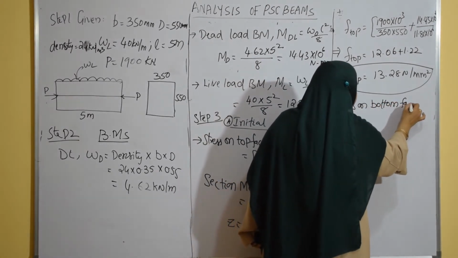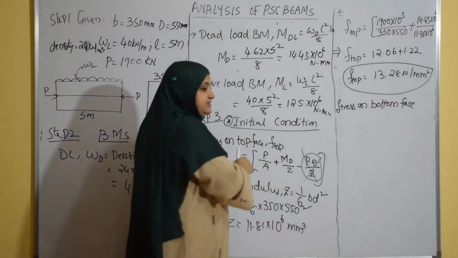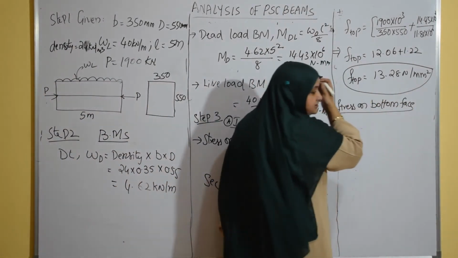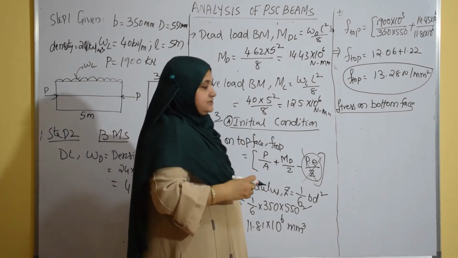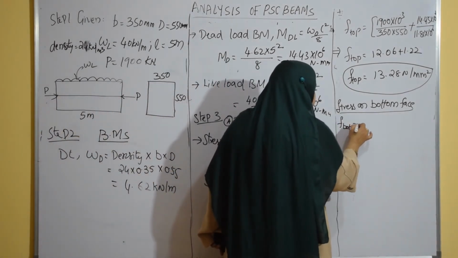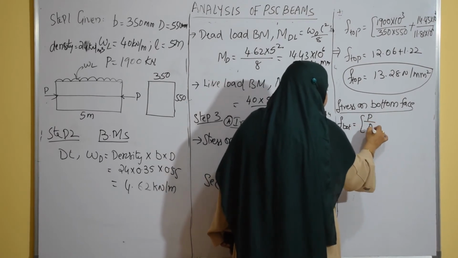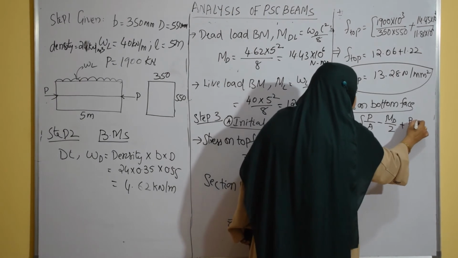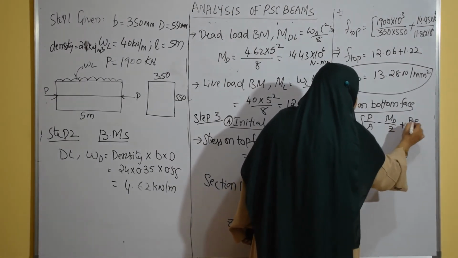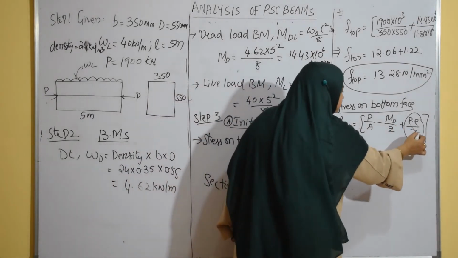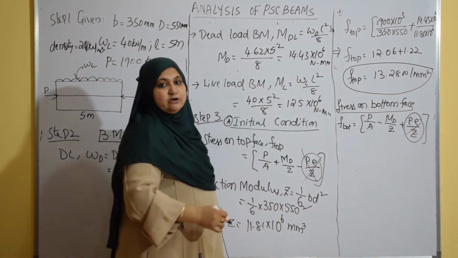already formula is there. This is just the initial condition case, where there is no live load, and also it's concentric, so there is no eccentricity stress also, right? So F bottom will be P by A minus M dead load by Z plus P into E by Z. Once again there is no eccentricity, so this term will not be there.